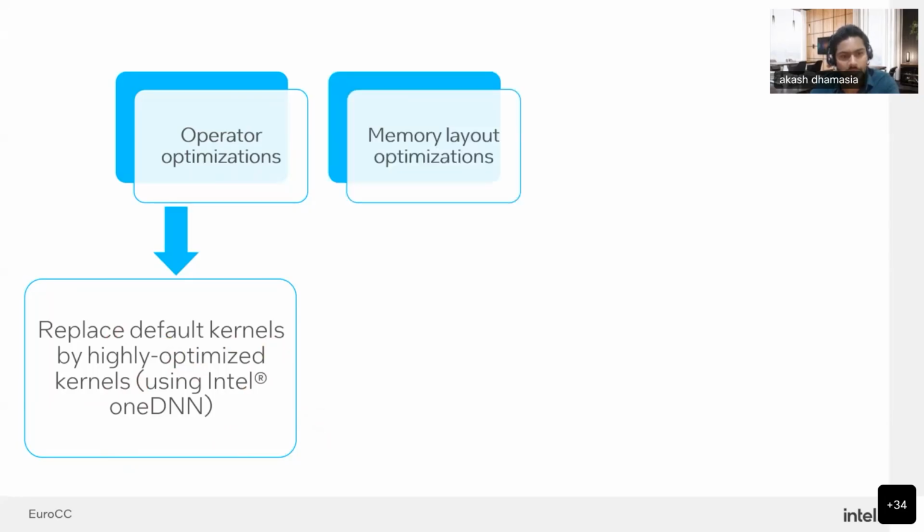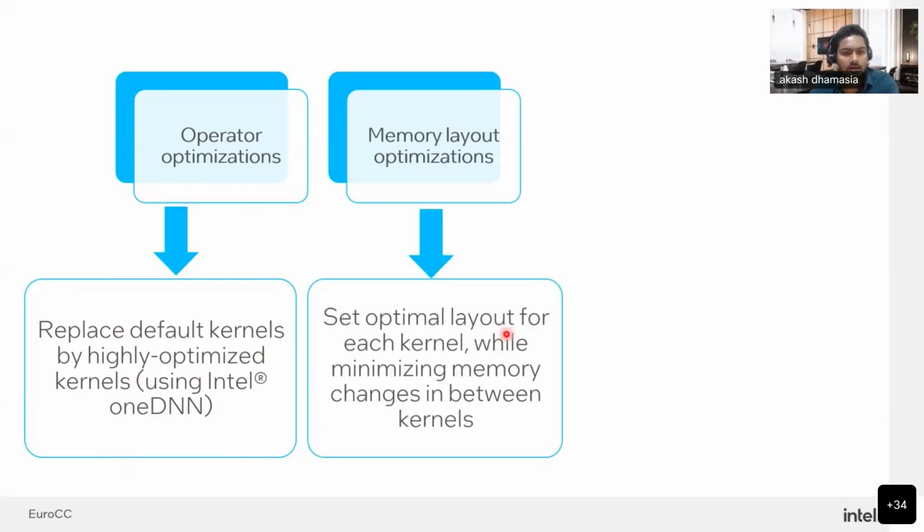Next is memory layout optimization. Basically, it is setting the optimal layout for each kernel, by minimizing memory changes in between kernels. I'm going to talk in more detail in the next slide, where I'll show you how it sets the optimal layout for each kernel.